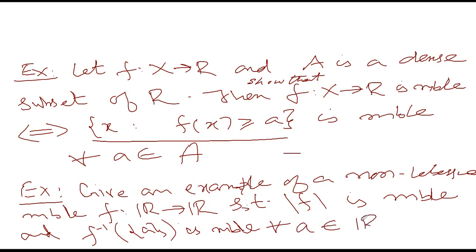You have to give an example of a function such that mod of that function is measurable, and the inverse image of a singleton set is measurable, but f is not measurable in general. In general means the inverse image of every open set or every closed set need not be measurable. Only the inverse image of those closed sets which are singleton subsets are measurable.